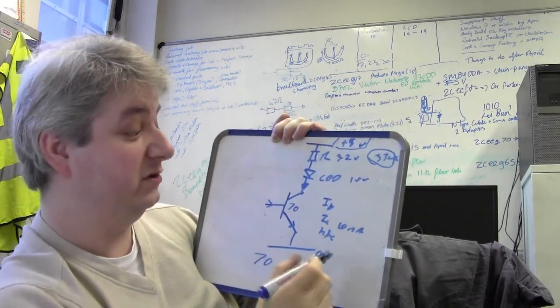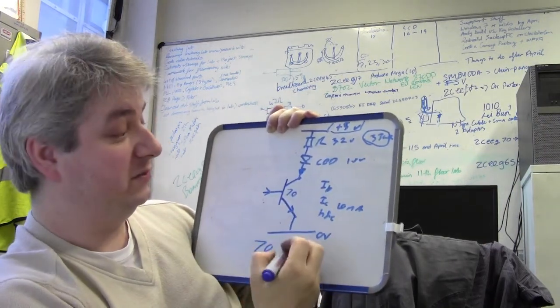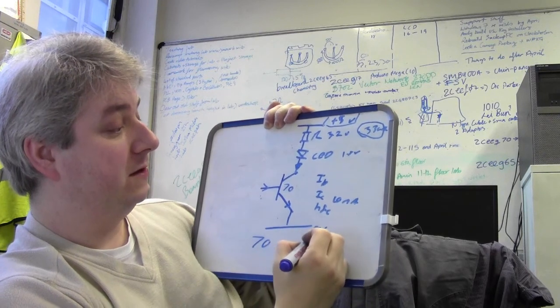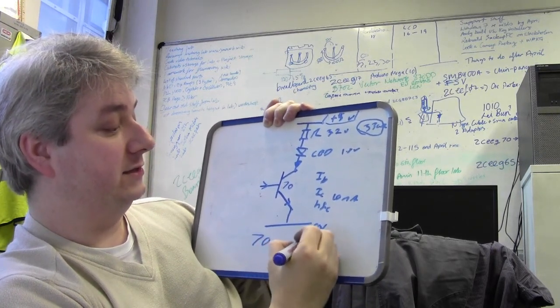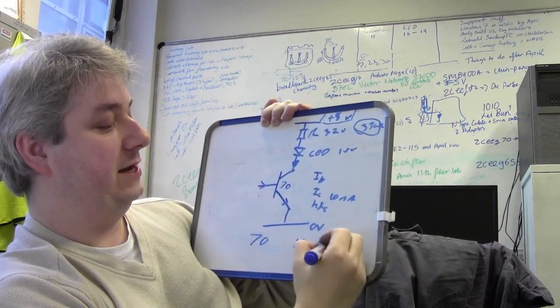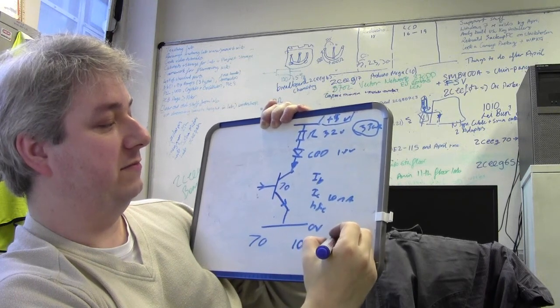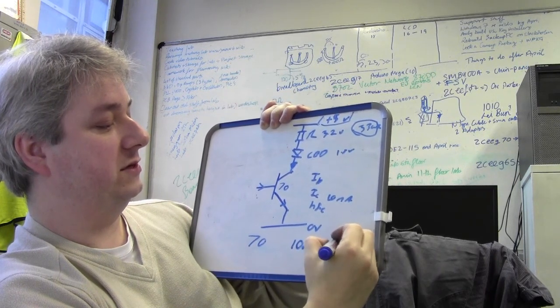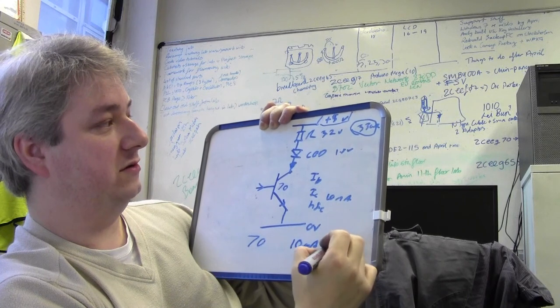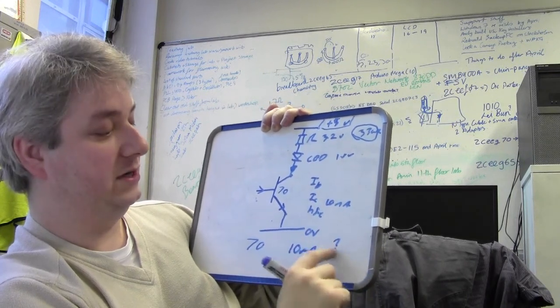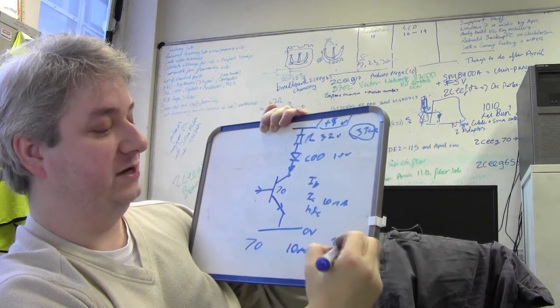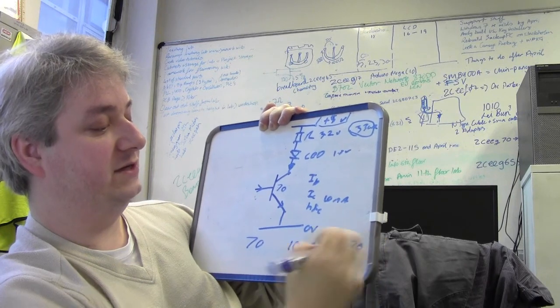So let's plug in the numbers. IC is 10 milliamps, IB is a question mark, and HFE is 70.